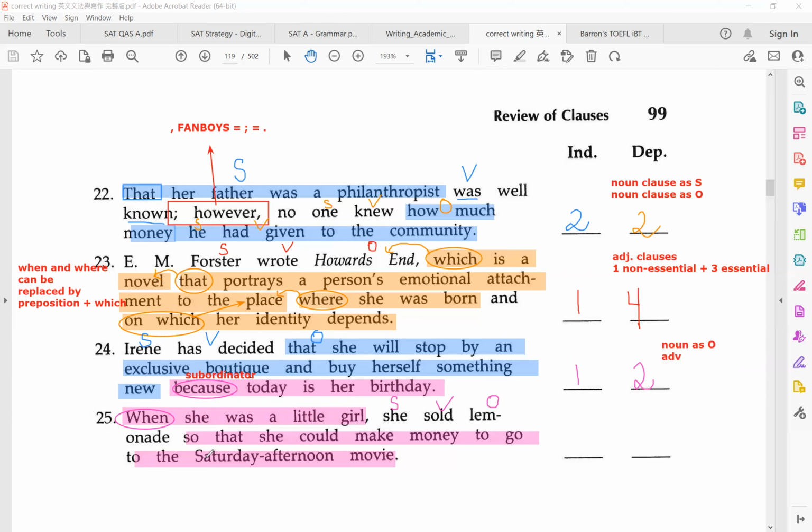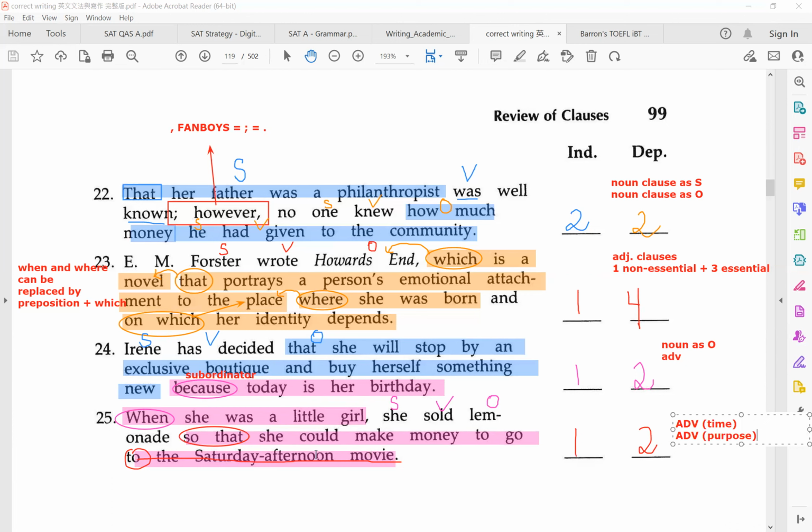You can cross out your prepositional phrases to the Saturday afternoon movie, right? But so that is subordinator. It indicates purpose. So in this case, we have one independent clause and two dependent adverbial clauses. So one indicates time, the other indicates purpose.